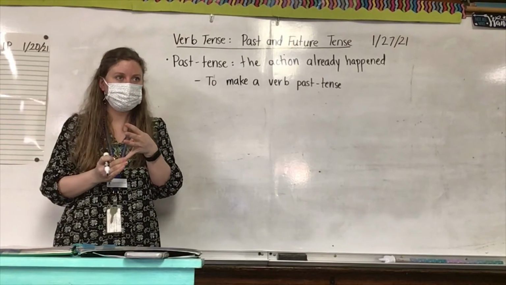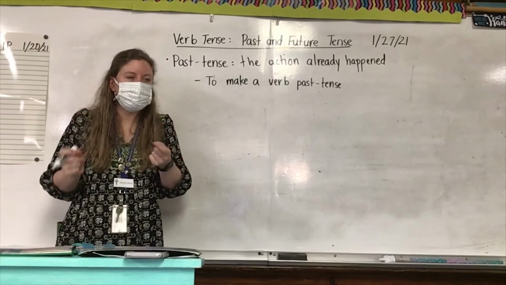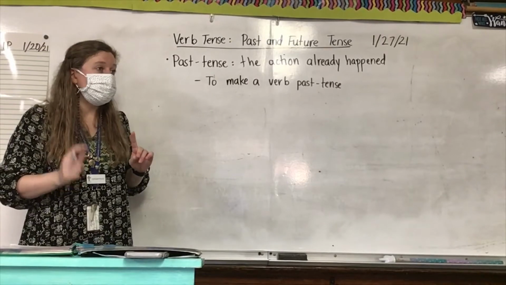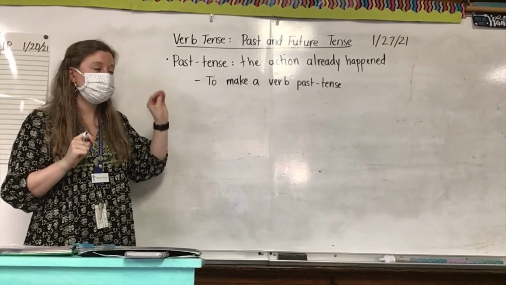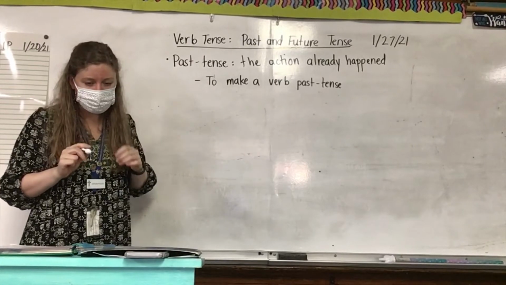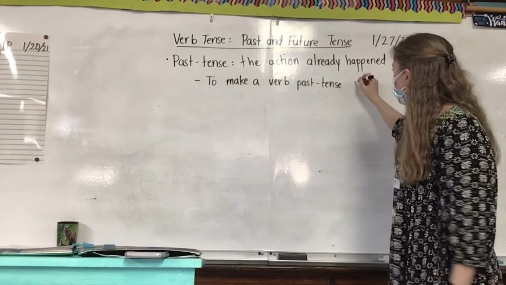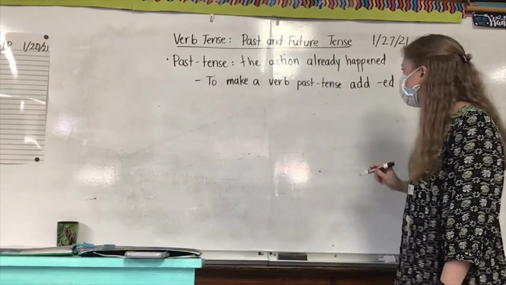Do you remember the other one? No, I was going to say hop, which was mostly normal. We just had to do a little extra. But there are some weird ones. We'll talk about those in a few weeks. But for most verbs, to make a verb past tense, add the letters ed.